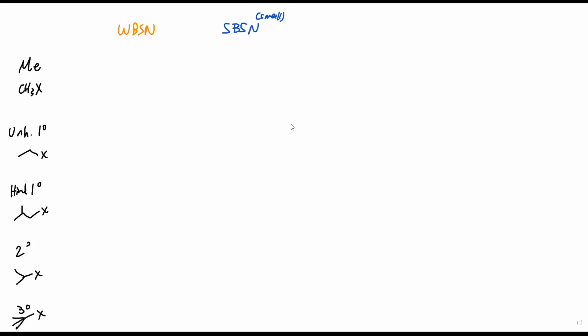Okay, and then we can make another category here for the big one: strongly basic strong nucleophiles that are bulky. Okay, all that really leaves is what we would have talked about for SN1, E1, which would have been just weak nucleophiles that are also weak bases.